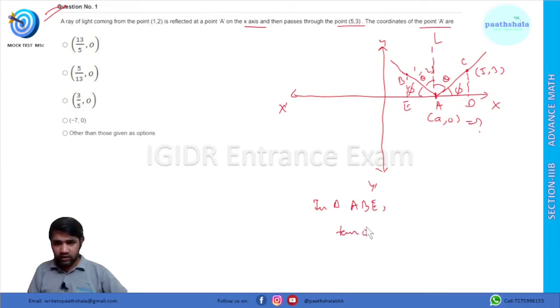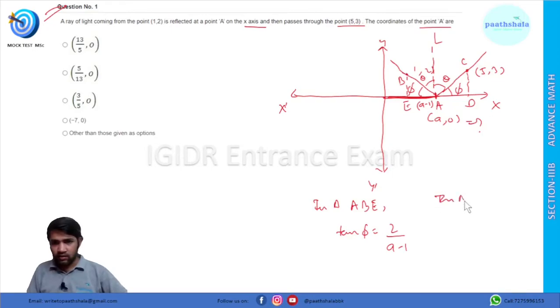tan phi equals perpendicular upon base. Here the perpendicular value will be 1, and the base, as from here to here this distance is a and this distance is 1, will be a minus 1. So tan phi will come out to be 2 upon a minus 1.